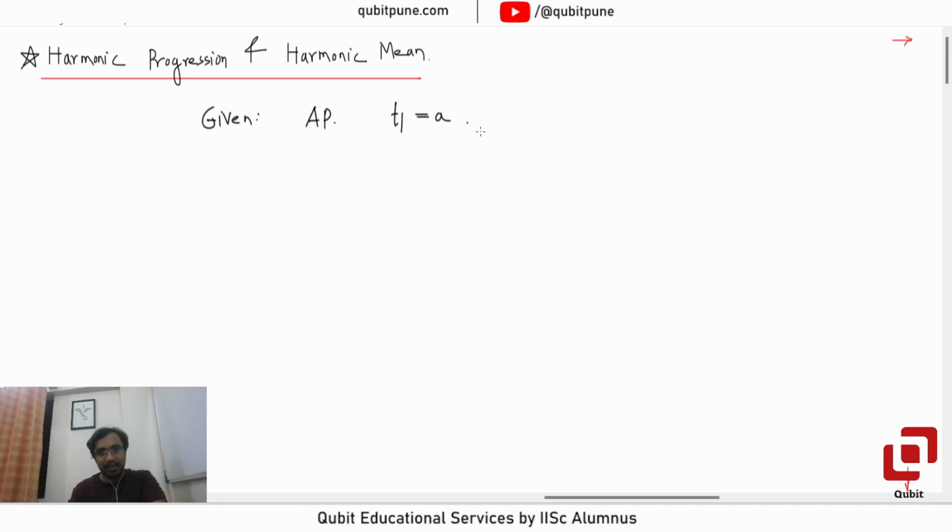First term is A, common difference is D. And we assume that none of the terms in the AP is 0. Okay, none of the terms is 0, or actually, it can be 0. So we say Tn is equal to A plus n minus 1 times D for an AP.